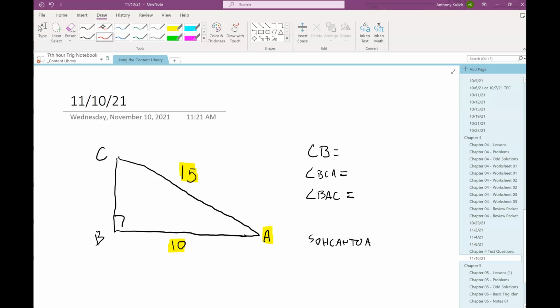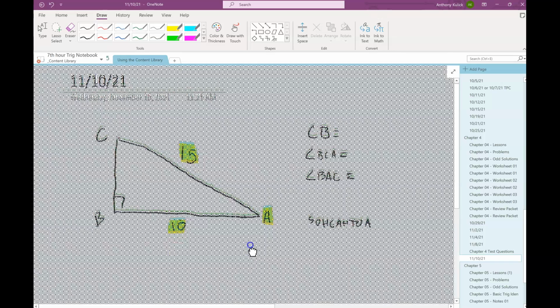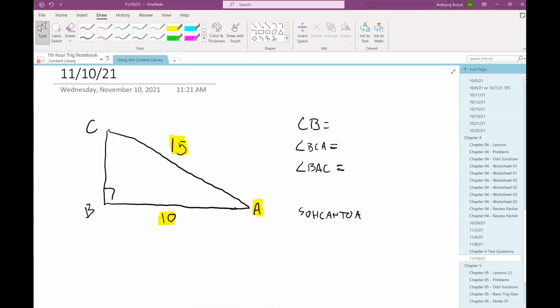So we should use sine, cosine, or tangent. Cosine. So I'll say cosine of A is equal to adjacent over hypotenuse. So angle A then is going to be cosine inverse of 10 over 15.